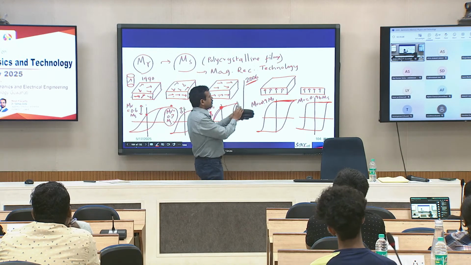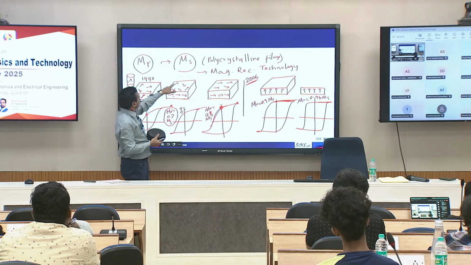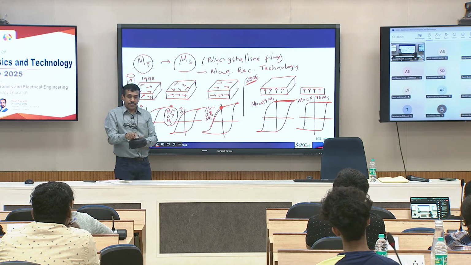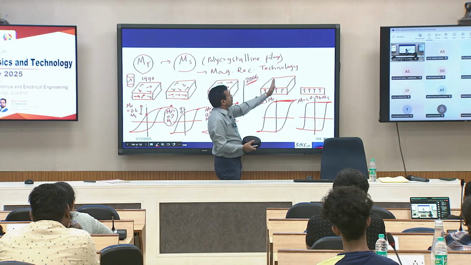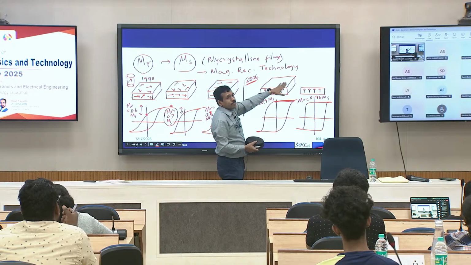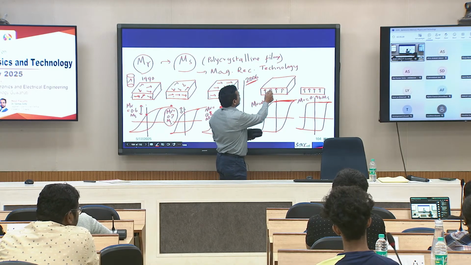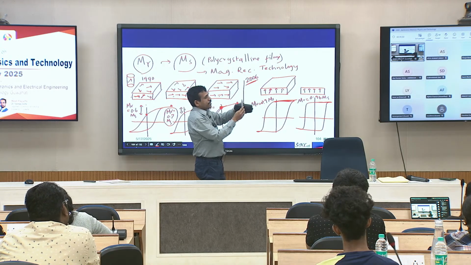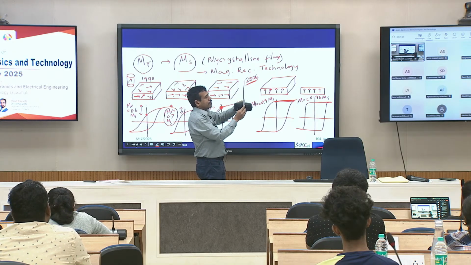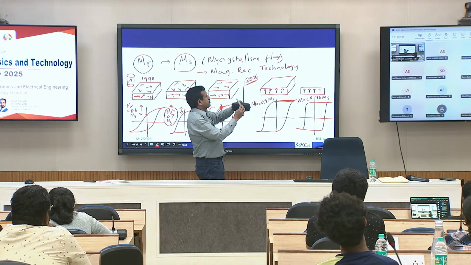You see, within the plane I can have random orientation, but when you orient all the magnetization along the perpendicular direction, there is no in-plane variation. So, now you have only variation in the easy direction with respect to the film normal. Some grains may have easy direction perfectly perpendicular, some may have the easy axis tilted along this direction or this direction.